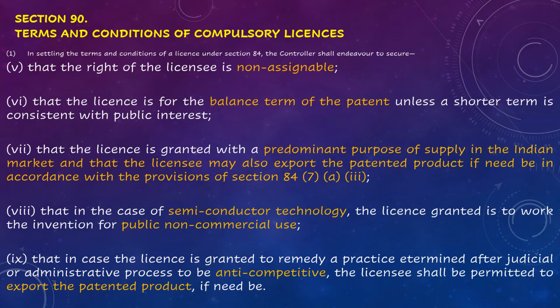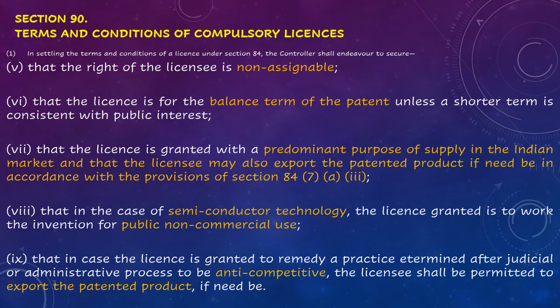Number 7, license is granted with a predominant purpose of supply in India or the Indian market, and the licensee may also export the patented product if need be, in accordance with the provision as discussed under Section 84(7)(a)(3).